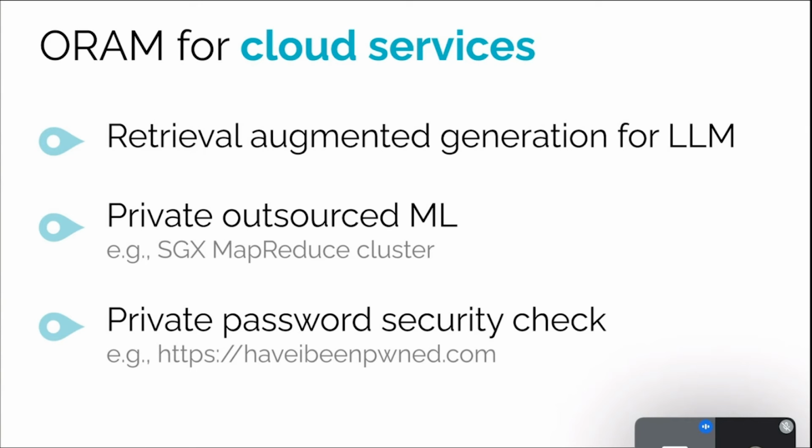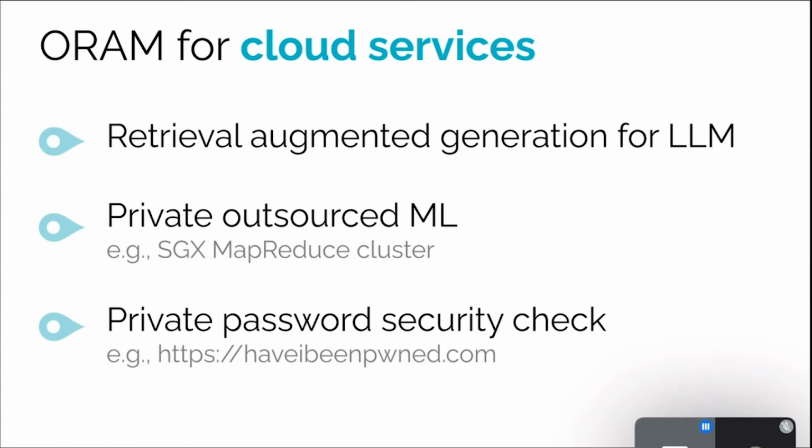There's also another interesting application, something like haveibeenpwned.com. This is a website where you can send your password, and it will check if your password is contained within some leaked password data set. Today, the way you do it is you send your password in the clear to this website, which means you have to fully trust this website.